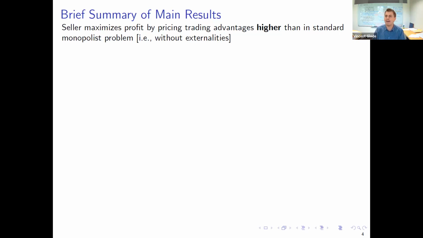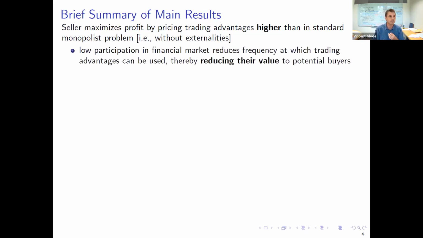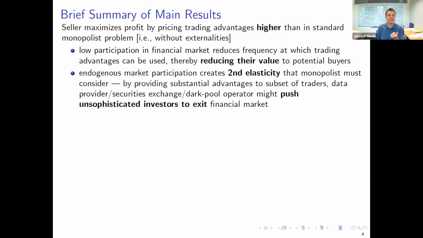But here we're going to have externalities that will lead to a second elasticity. Right? So low participation in the financial market will reduce how often I get to use a trading advantage against counterparties. Therefore, it will reduce the value of that advantage to the potential buyers. So this second elasticity will drive some of our results.